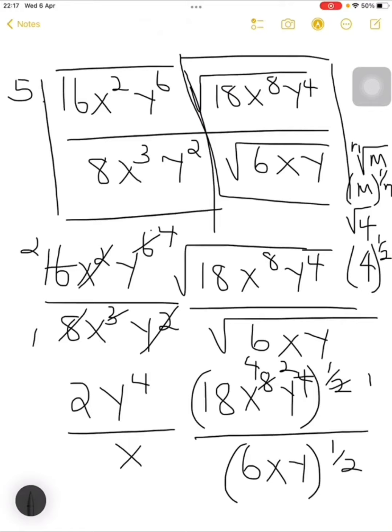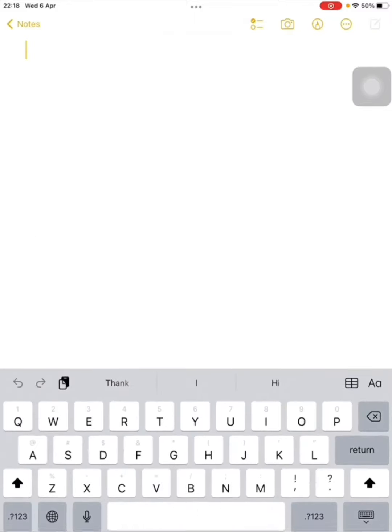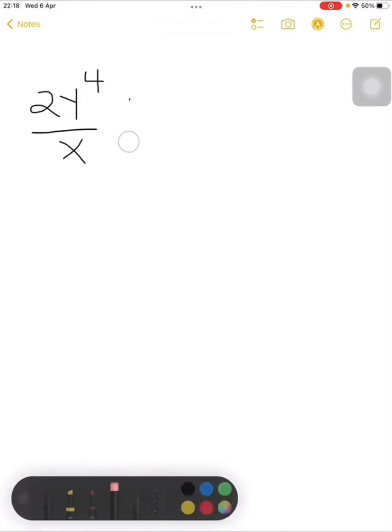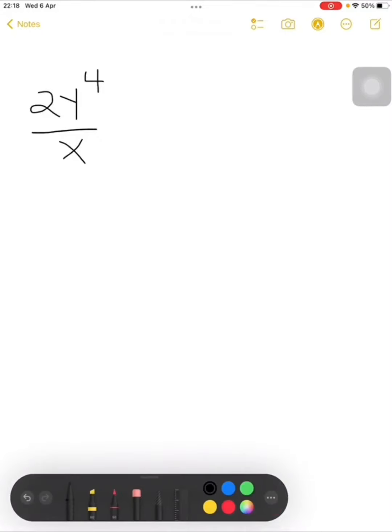Hope we are together. So that one means this one should look like this: 2y power 4 all over x, and then let me have it like this so that you don't get confused at this stage.